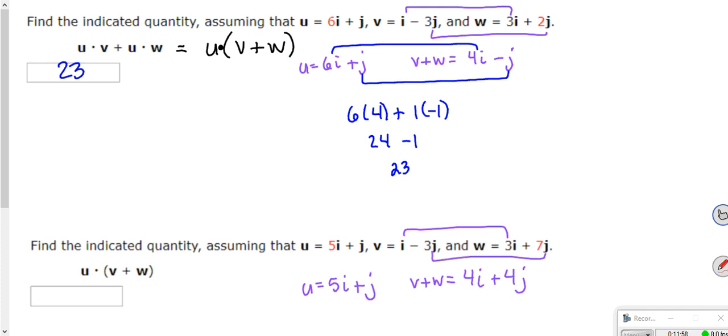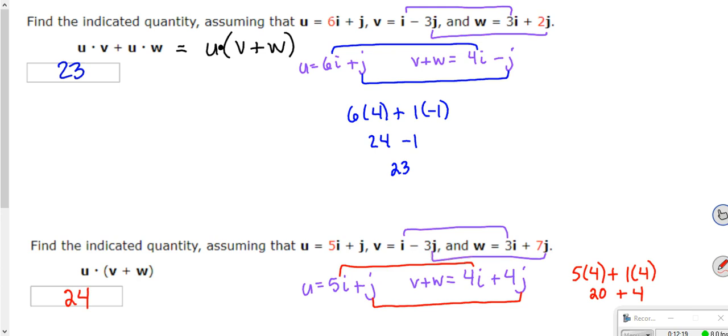So now if I do dot products here, the product of the i components plus the product of the j components. So I've got 5 times 4 plus 1 times 4, 20 plus 4, obviously would give me an answer of 24. Okay, hope that makes sense.